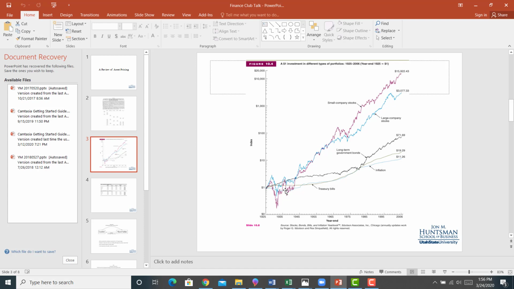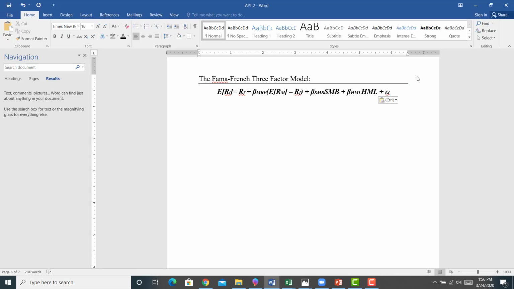So there's a whole variety of reasons why small cap stocks might be riskier than large cap stocks. We don't know the exact explanation for why that is, but we're going to create a factor where we allow the market to tell us, or to price in, the risks of small cap stocks versus large cap stocks.